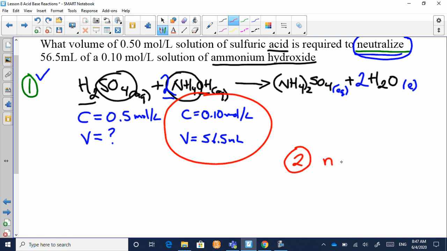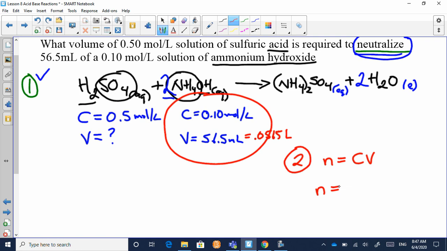And I can say, well, n is equal to C times V. It's one of my hub formulas for converting to moles. If I have the concentration and the volume, I multiply them together. I do have to convert this one to liters, so I divide by 1,000, and you get 0.0565 liters. So here we go.